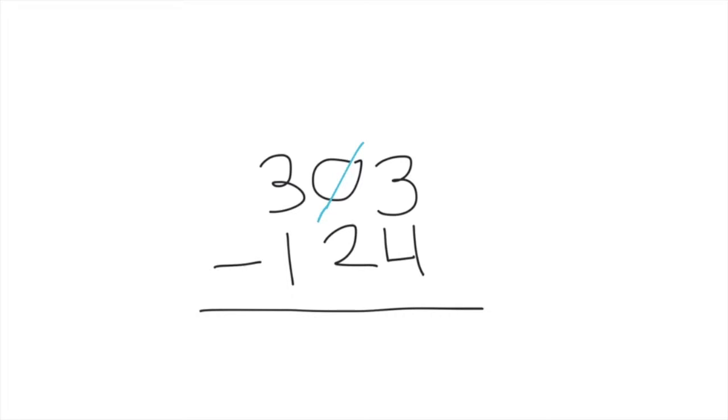Absolutely nothing. So now we have to go over to the hundreds place, and we are going to take 100 away. So there are 3 hundreds in the hundreds place. We're taking away 100, so that leaves us with 200.